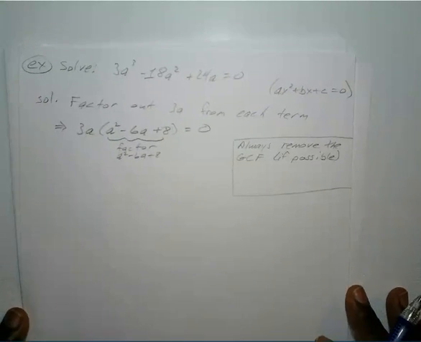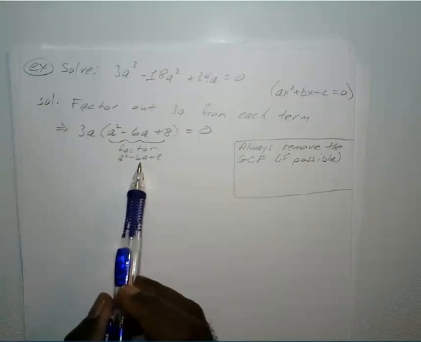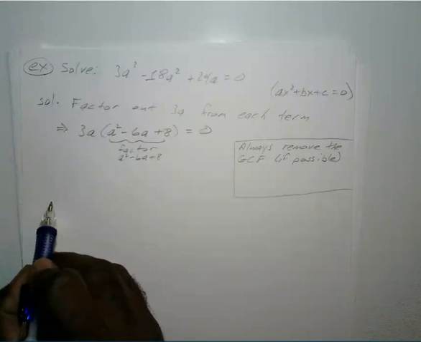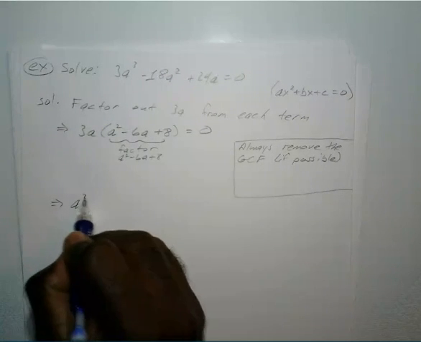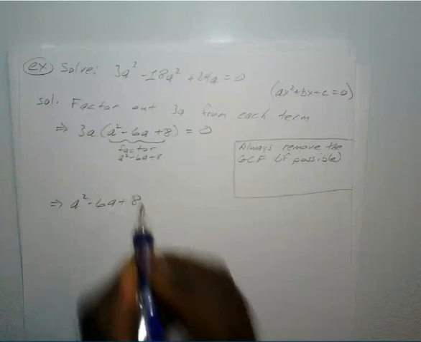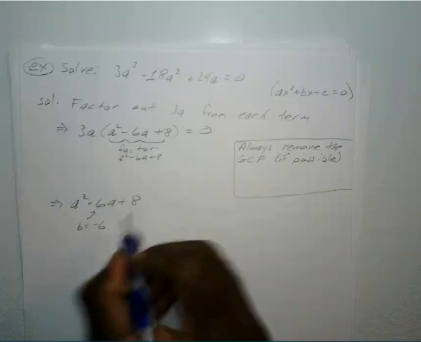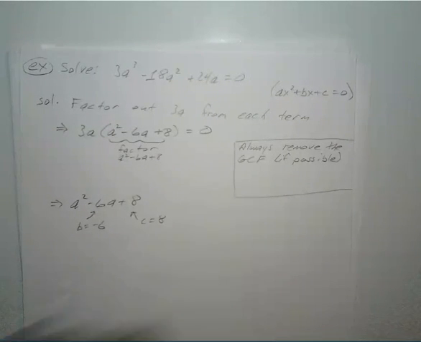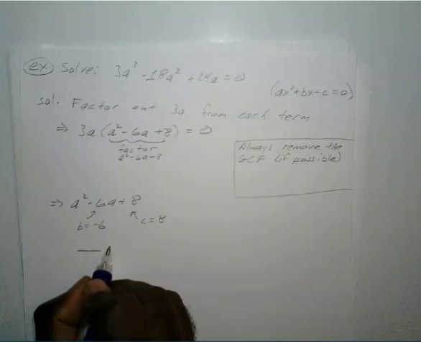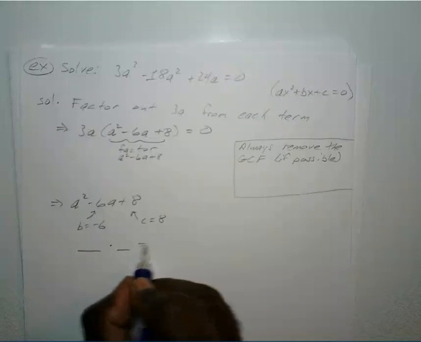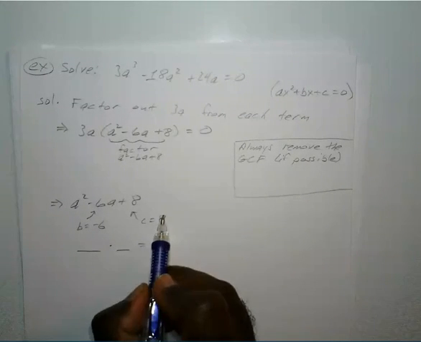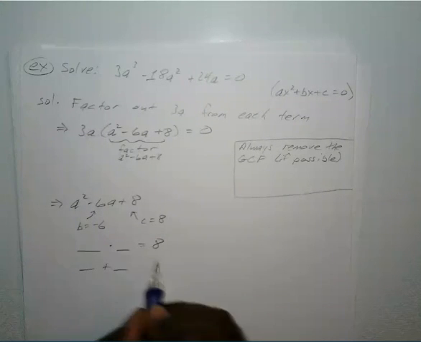Okay, so if we're going to factor a squared minus 6a plus 8, we know that b is equal to negative 6 and c is equal to 8. That means we have to find two numbers that multiply to equal our c, and those same two numbers add to equal our b.